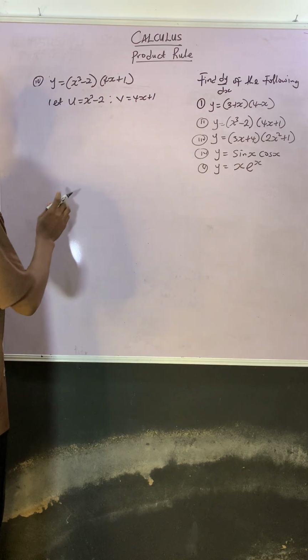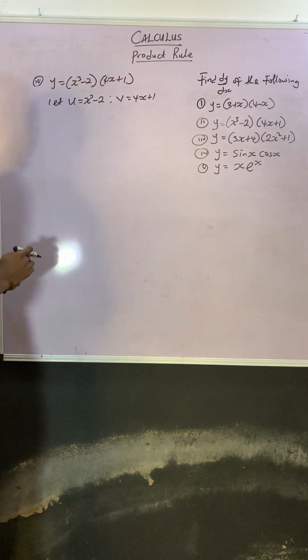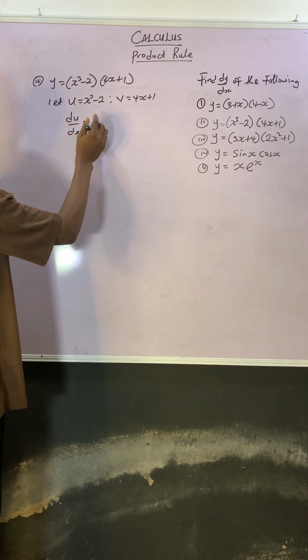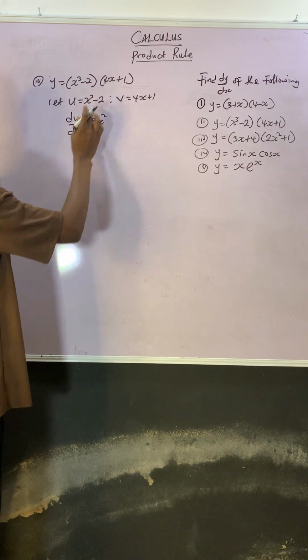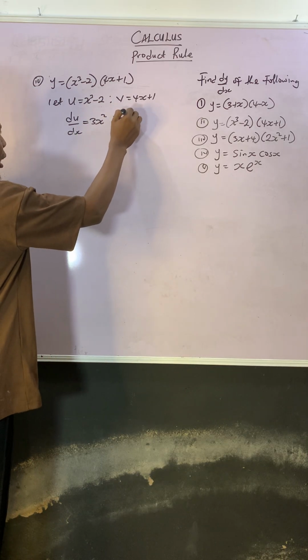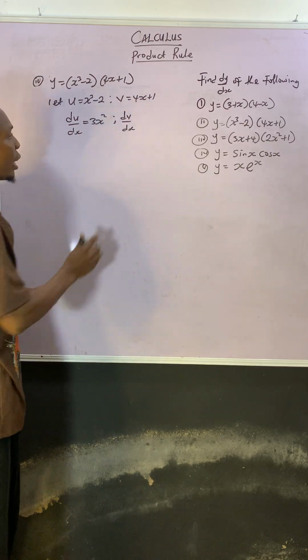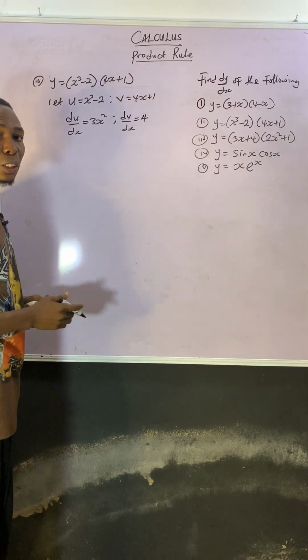Now you differentiate u with respect to x and v with respect to x. We have du/dx: differentiating x cubed gives 3x squared, and differentiating minus 2 gives 0. Then dv/dx: differentiating 4x gives 4, and differentiating 1 gives 0.